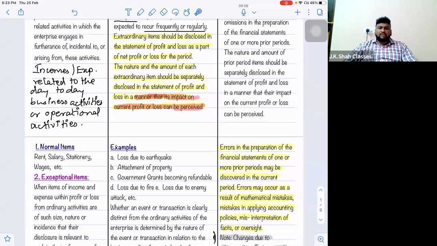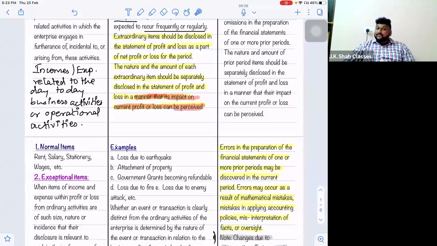Is your business doing accidents on the road? Do you take money from people and cause accidents? Technically, no. What are your operations? Your operation is manufacturing activities and so on. So any such abnormal items taking place in your enterprise are distinct from your day-to-day activities.